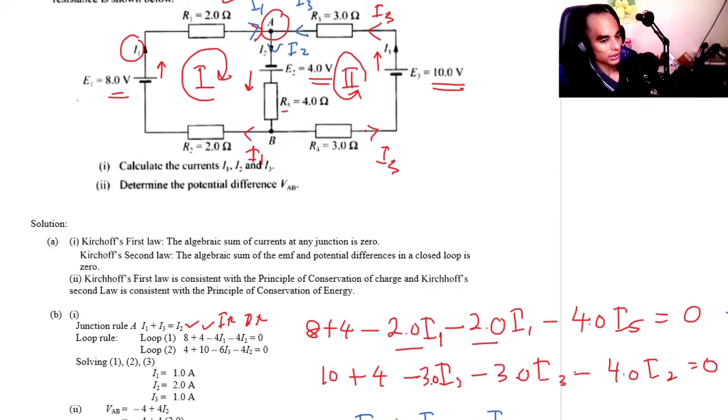So you have one equation, second equation, and third equation. If you work everything out, you end up with I1 is 1.0 ampere, I2 is 2.0 ampere, and I3 is 1.0 ampere. Then you can solve all the voltages and currents.